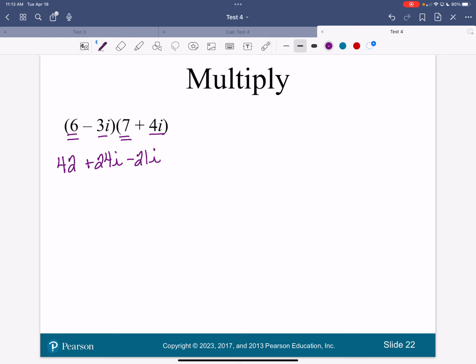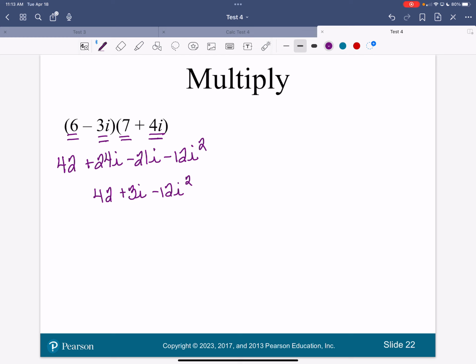Then I have negative 3i times positive 4i. So that is going to be negative 12i squared, because negative 3 times positive 4 is negative 12, and i times i is i squared. A lot of times students will combine those like terms and then they'll stop. But I have one more thing I can do.